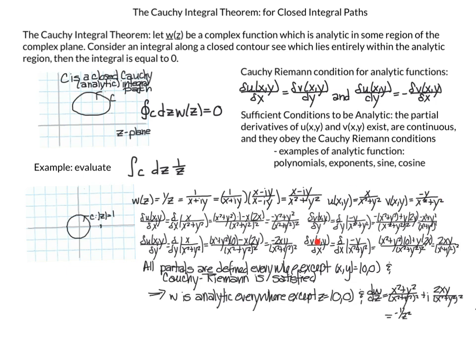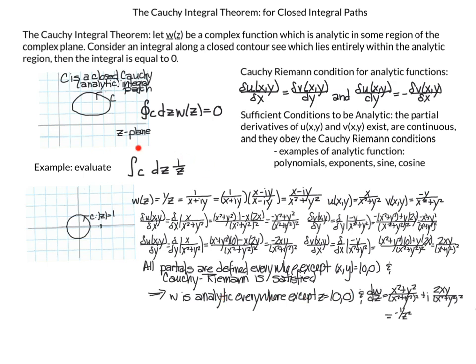We had done all the work of taking all the partial derivatives to show the Cauchy-Riemann conditions were met, but then we found that the partial derivatives also have to exist, and actually they are not defined at 0,0. So they are defined everywhere except 0,0, and the Cauchy-Riemann is satisfied everywhere. So our conclusion, when we did this previously, was that w is analytic everywhere except at z equals 0.